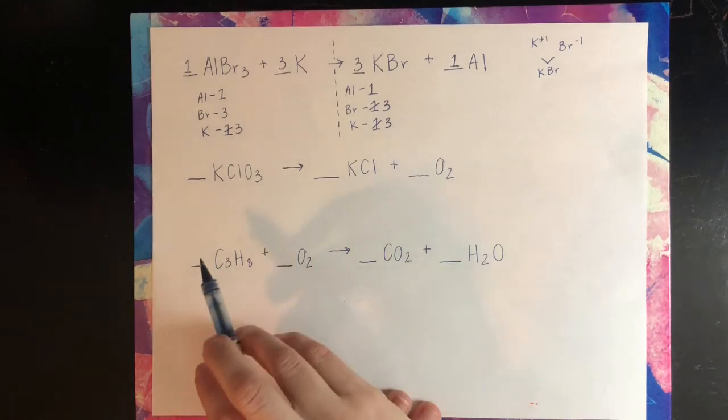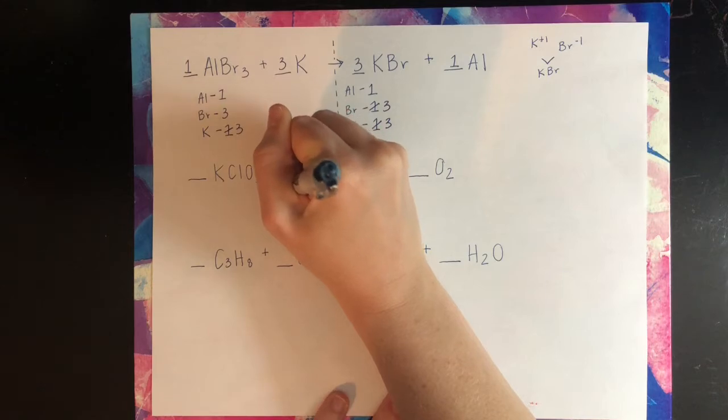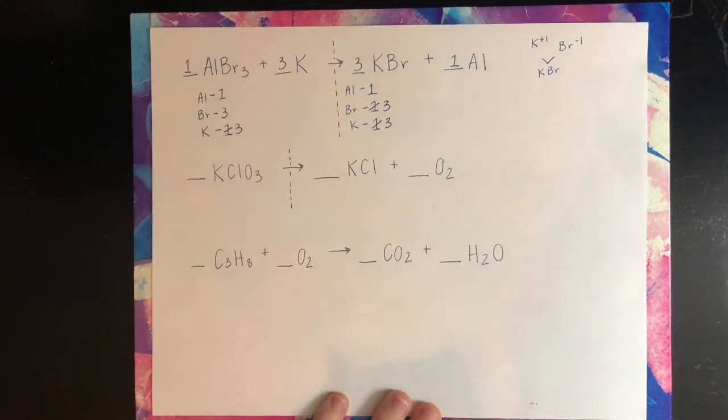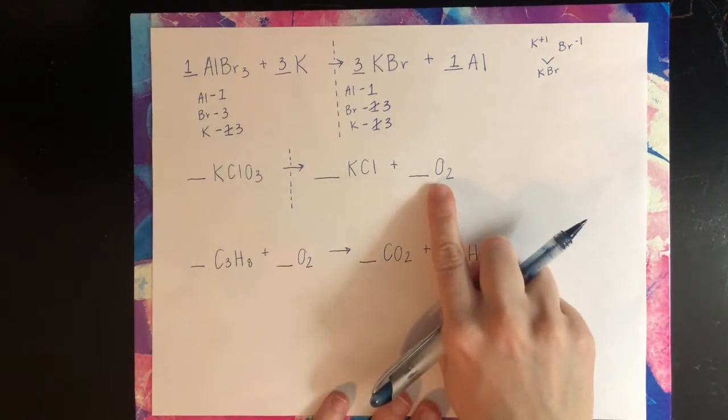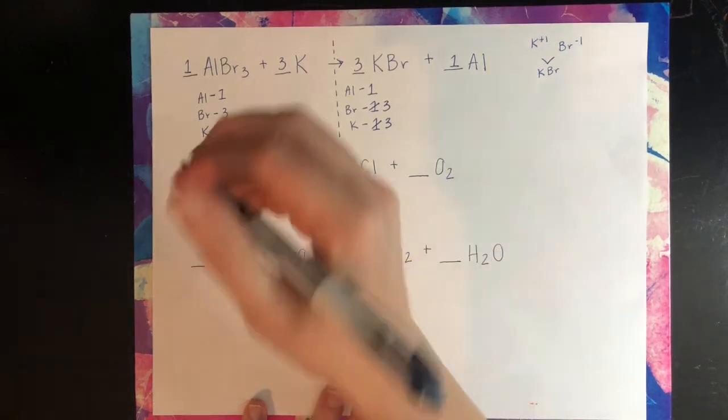Now let's look at this next one. All right, so again, let's split this in half. All right, and I have potassium chlorate yields potassium chloride and oxygen. Remember, oxygen is a diatomic, so that is just elemental oxygen, O2.